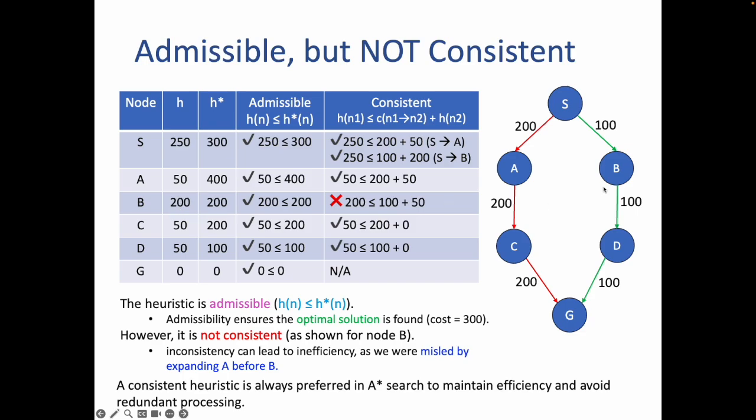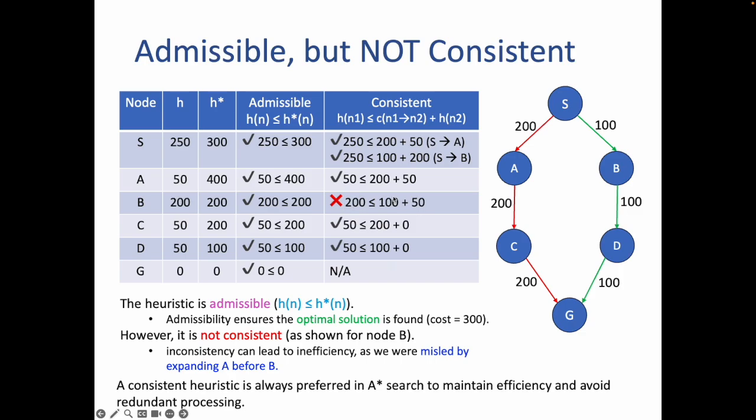You have to check that this 200 is less than or equal to the cost from B to D, which is 100, plus the heuristic of D. Why D? Because D is the adjacent node, and the heuristic of D is the estimated cost from D to the goal. This didn't satisfy the condition, and what does that mean?